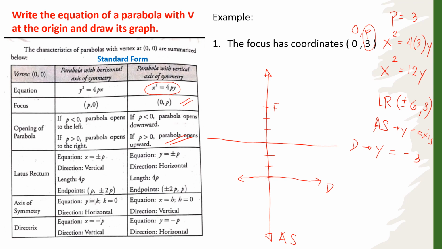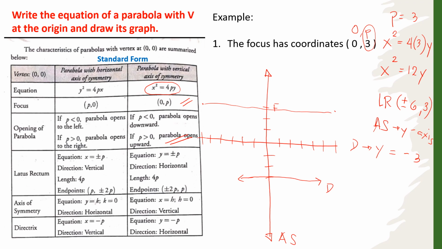So, from the origin, kanan tayo ng 6, 3, 4, 5, 6. Taas ng 3 dito. And then, kaliwa tayo ng 6, 2, 3, 4, 5, 6. And then, taas ulit ng 3. Connecting the points, dapat mag-pass through sa focus. Okay?